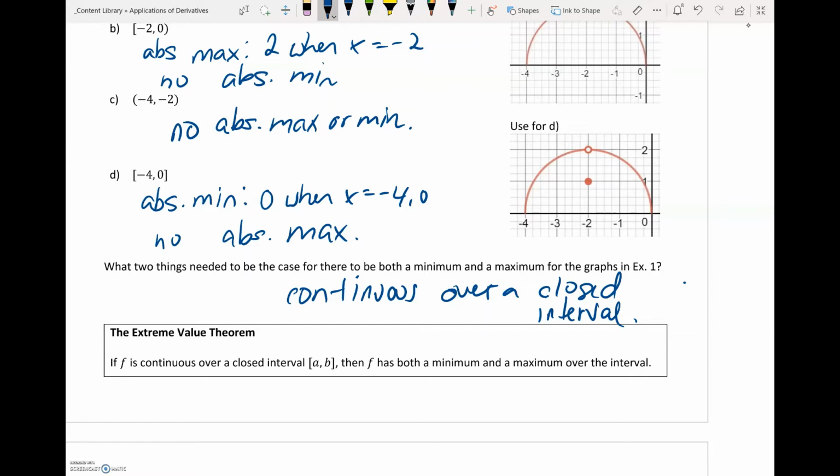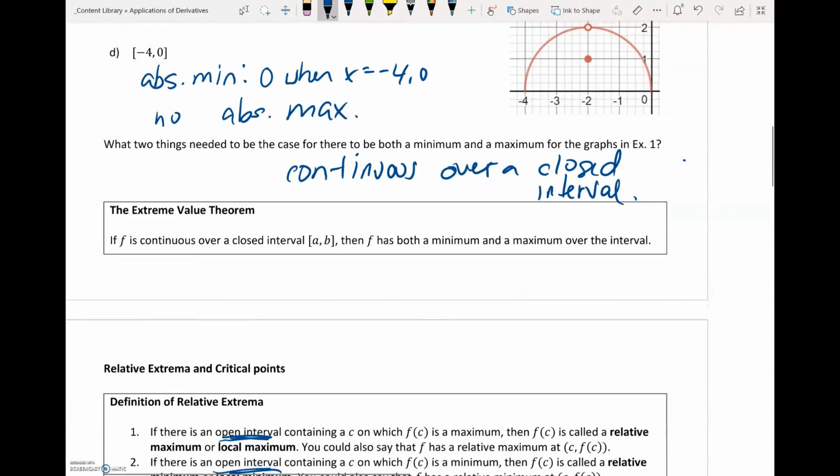However, the other way does not work. If f has both a max and min, it doesn't mean that f has to be closed over an interval and continuous. Okay, so you could still have a max and min in a graph that is discontinuous or have an open interval. So just keep that in mind, it only works in the one direction.